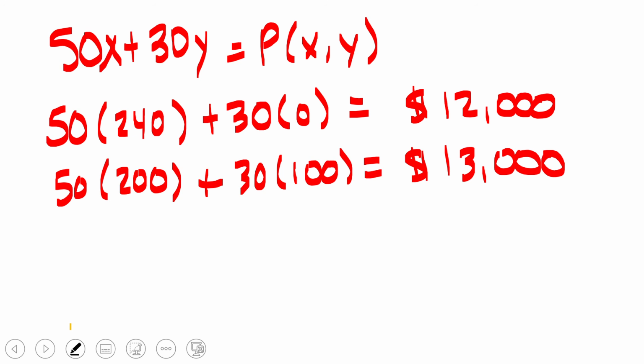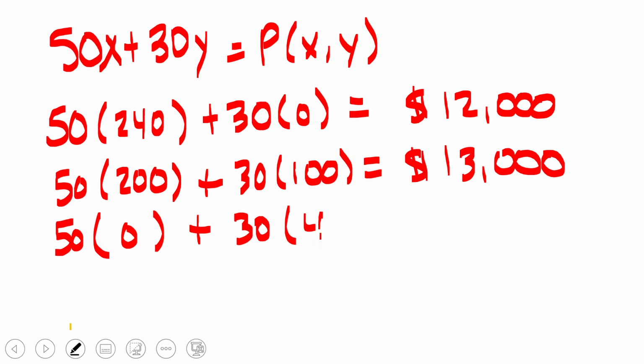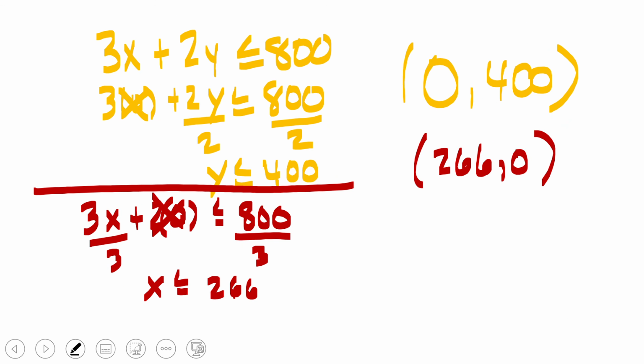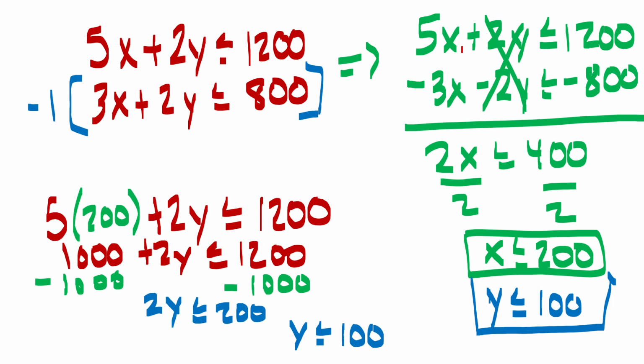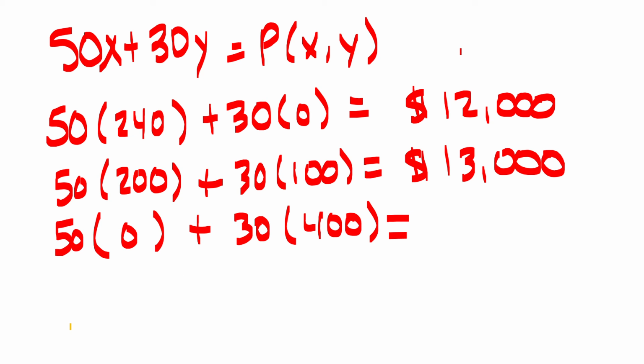If we plug in 50 times 0 plus 30 times 400 from here, from our other expression, we've tackled a plotted point from each expression.